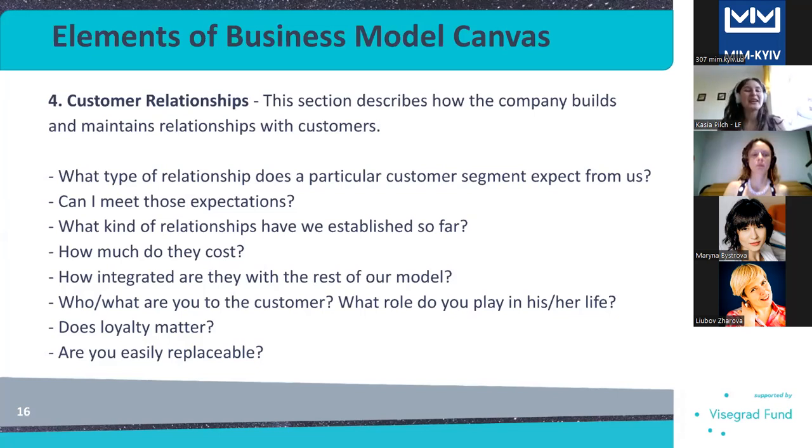Or am I easily replaceable? And that's also okay. You can have a relationship with your customer that is not with a customer who is going to come back to you. It might be a one-time purchase or a sporadic purchase, where they don't really have any relationship with you, and that's fine. That's just a different type of business model. So you have to define what works for you.